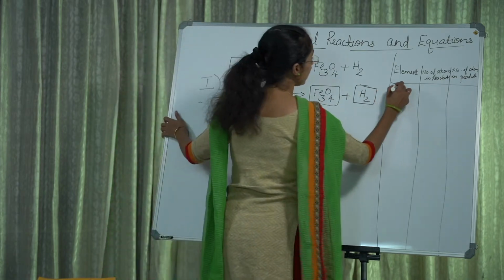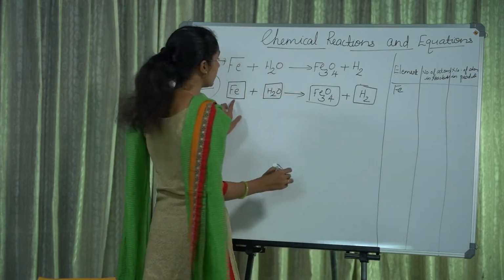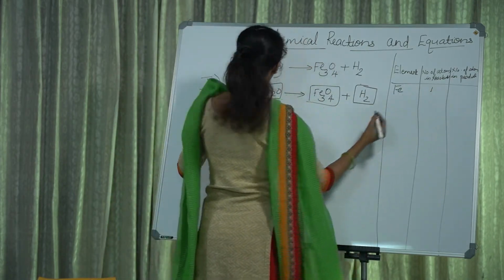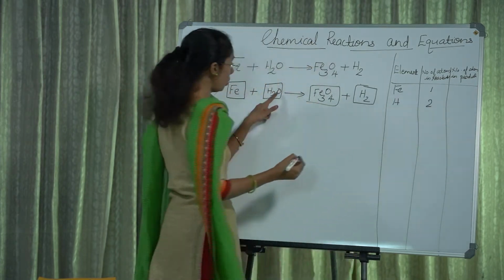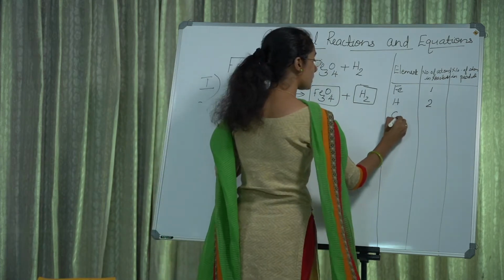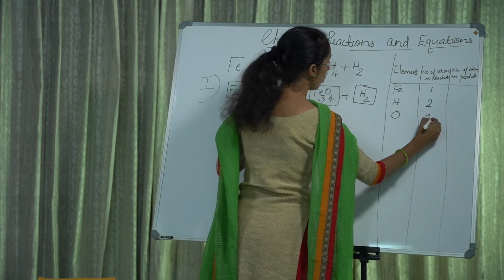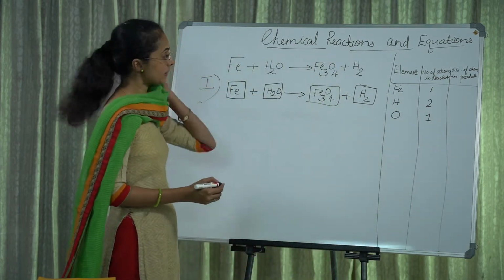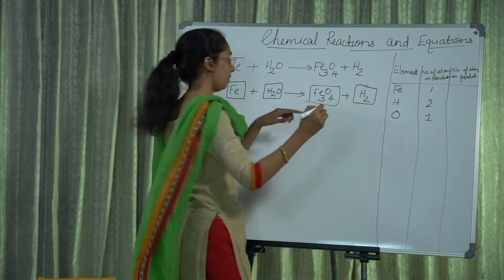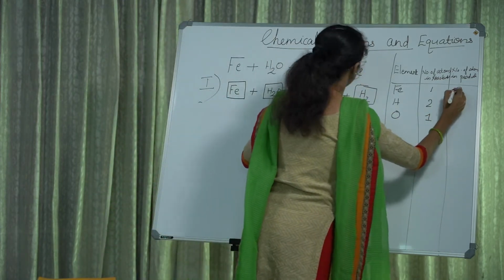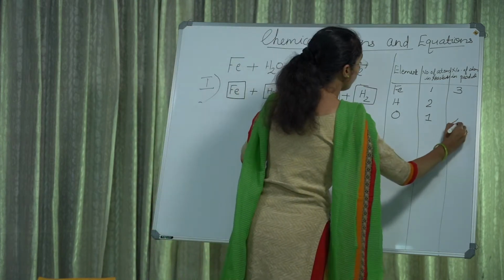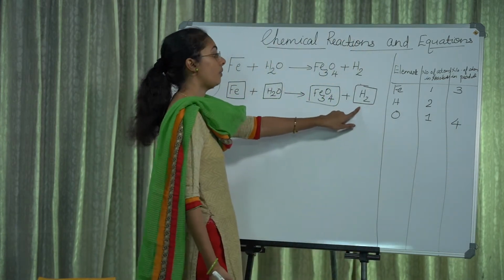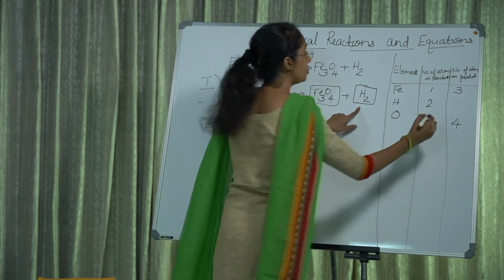Then the first element is Fe, the number of atoms in reactant is 1, and the next one is hydrogen, number of atoms 2, then the next one is oxygen, number of atoms 1. In products, the number of atoms of Fe is 3, oxygen is 4, and hydrogen is 2.